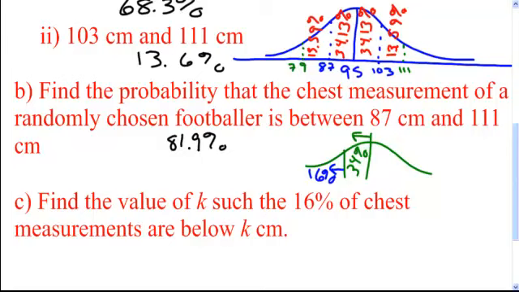So the value that's going to be at 16% and below falls at 1 standard deviation away, and 1 standard deviation away was 87. So my K value is going to be right around 87 centimeters. So 16% of chest measurements are below 87 centimeters. So again, that's going backwards. Here's your percent. Now go backwards and find the value there.